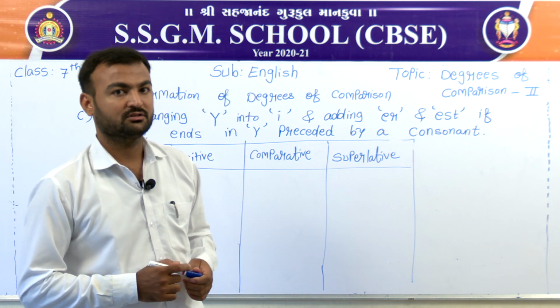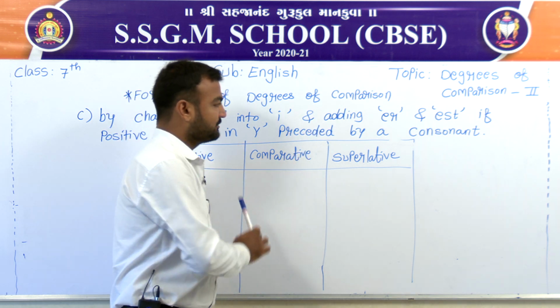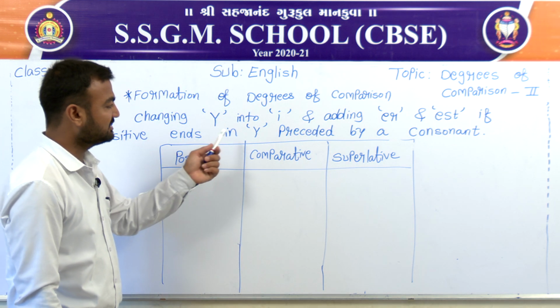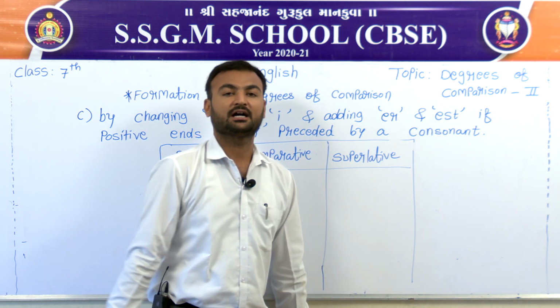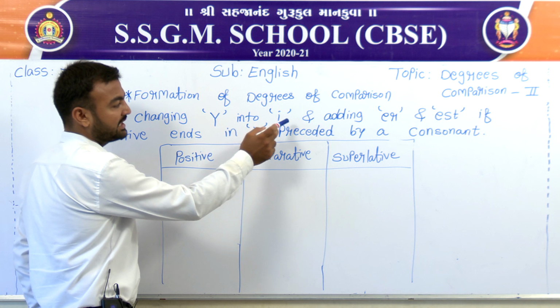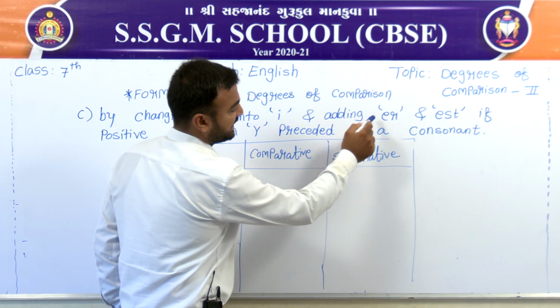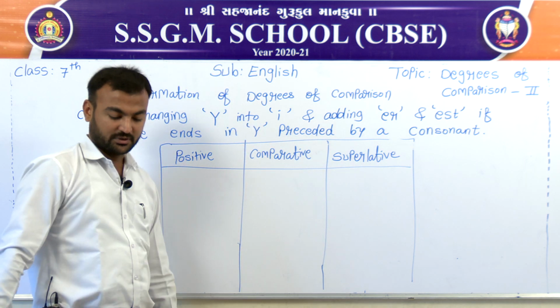This is the basic concept of vowels and consonants. Now, if the positive degree ends in y and it is preceded by a consonant, we change y to I and then add ER and EST respectively for the comparative and superlative.